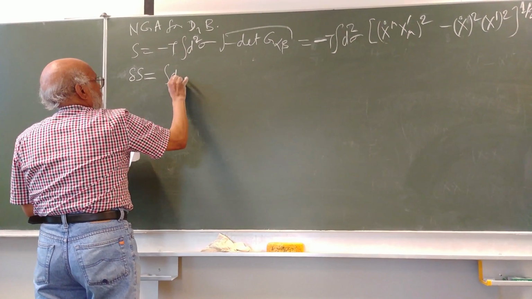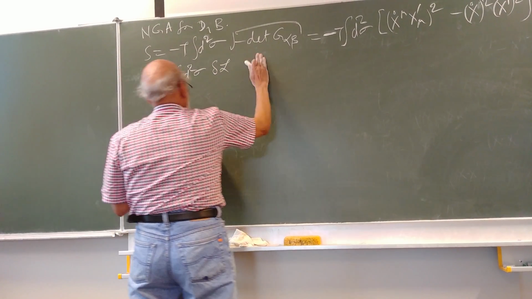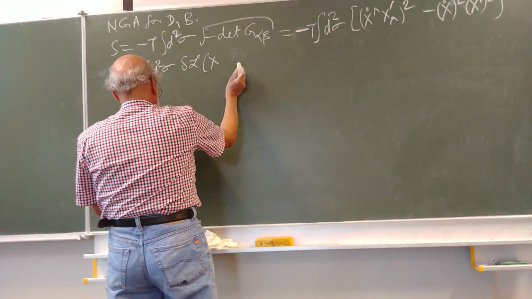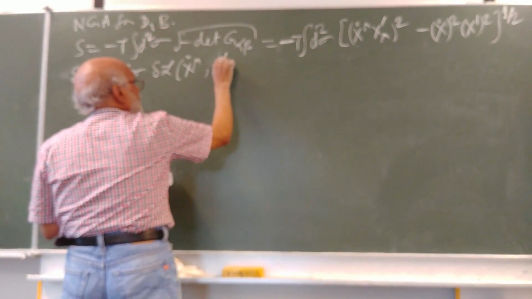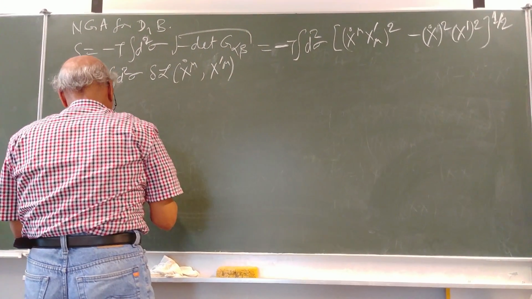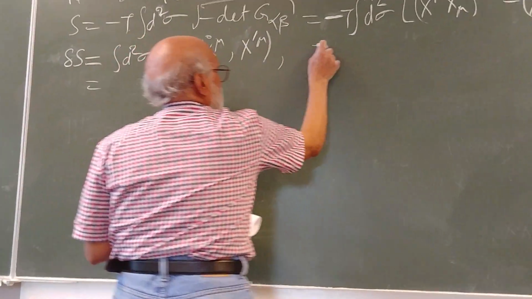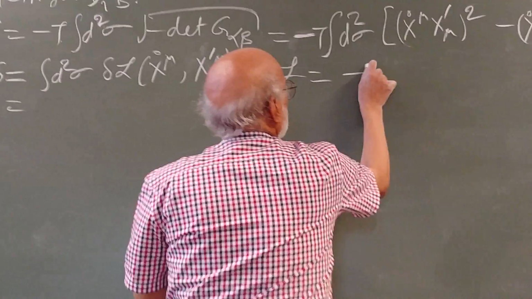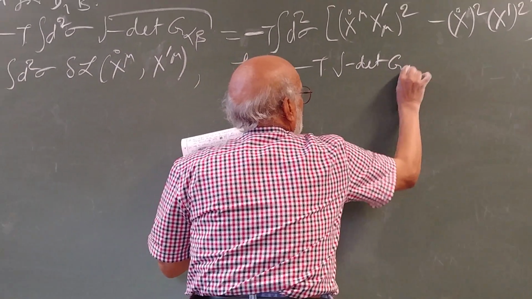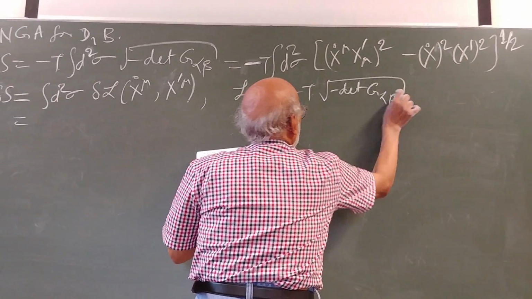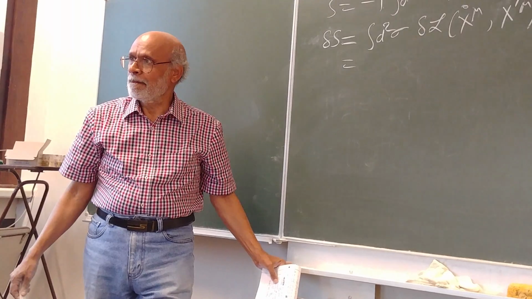This is your d2 sigma delta of L, and L is a function of x mu dot and x prime mu. L is minus T times the determinant of G alpha theta.